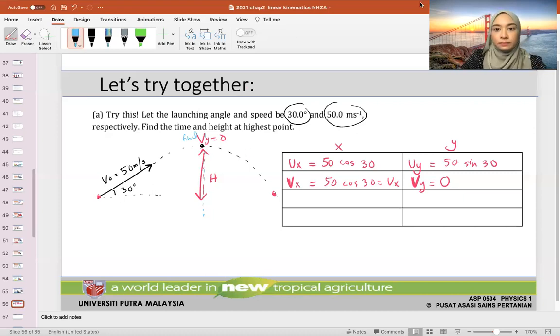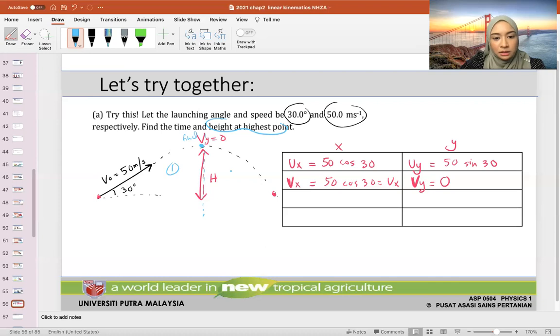So in this case, your final is at the maximum height because you want to know the height at the maximum point. Remember, if the question asks about maximum height and you have a parabolic motion like this, you divide it into 2 sections whereby this point becomes your final.